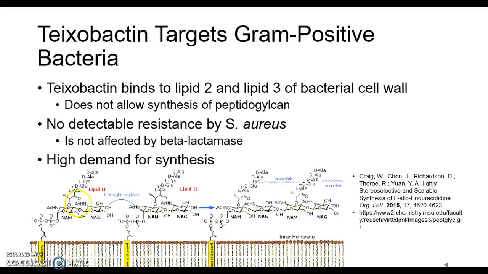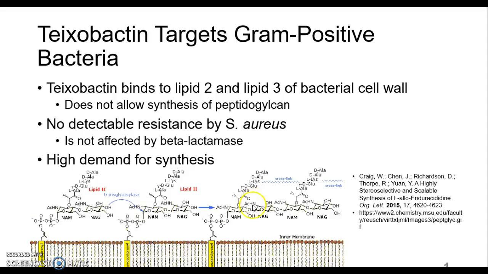So these crosslinks here are what amoxicillin prevents. Peptidoglycan synthesis begins by first cross-linking, through transglycosylase, the N-acetylglucosamine with N-acetylmuramic acid.